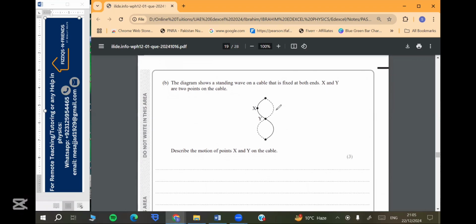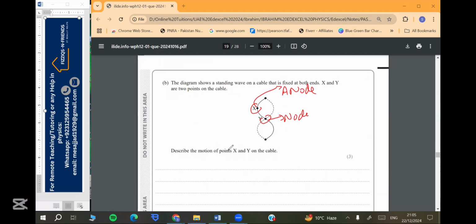The diagram shows a standing wave on a cable that is fixed at both ends. X and Y are two points on the cable. Describe the motion of X and Y on the cable. So X shows an antinode, Y shows a node.